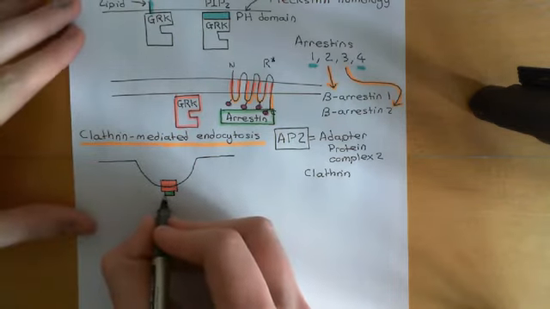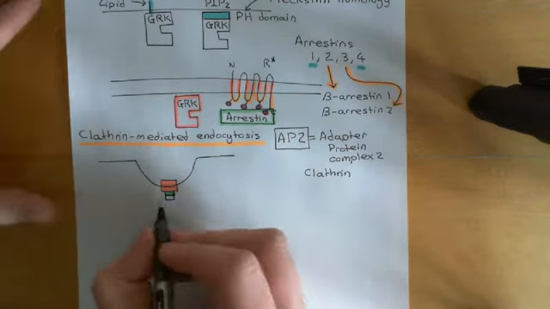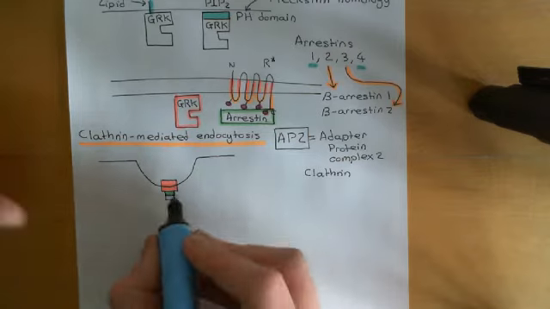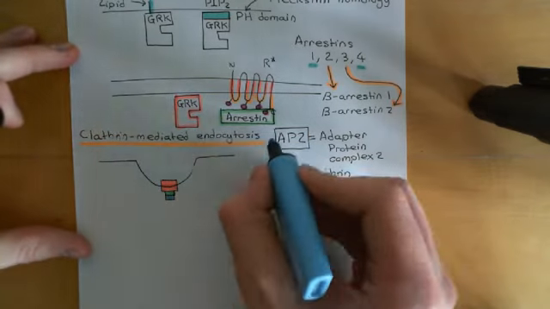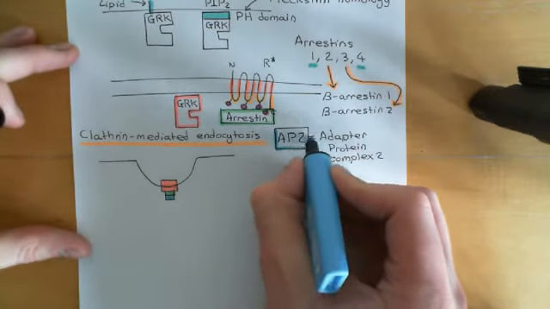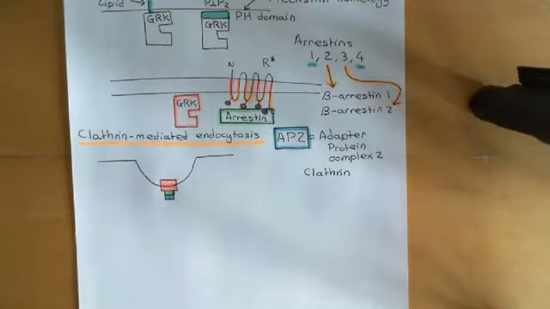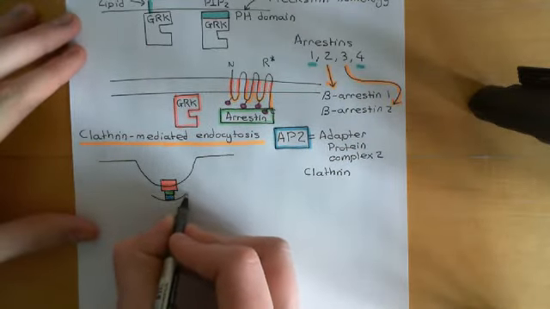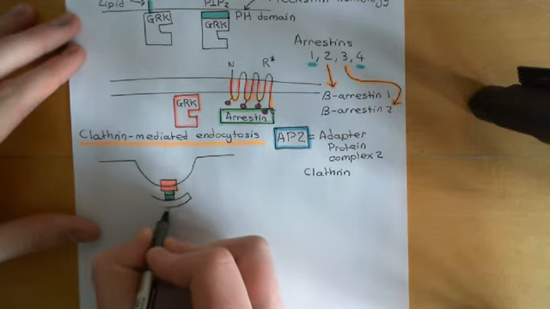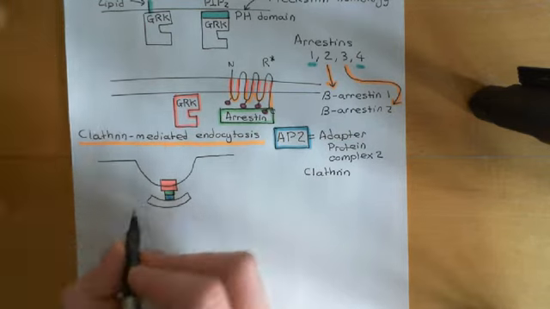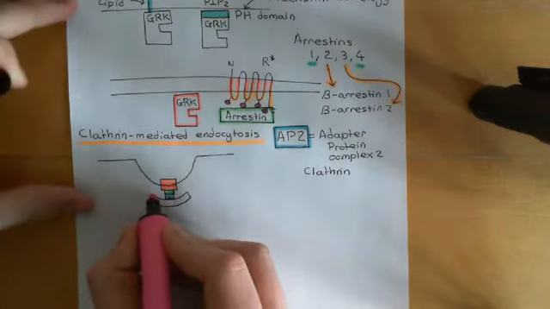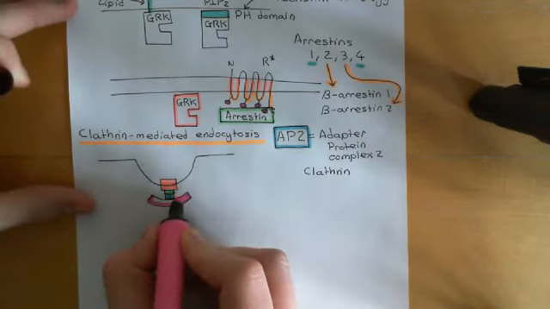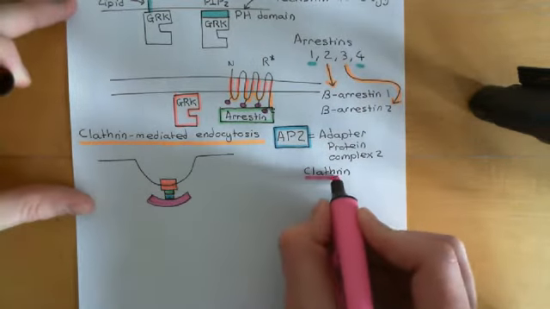Then after that you'll have adapter protein complex 2 bound underneath there, in blue. And then underneath adapter protein complex 2 you'll have the clathrin, which I'll show like so, and we'll colour in clathrin in vivid purple. So this is the clathrin.